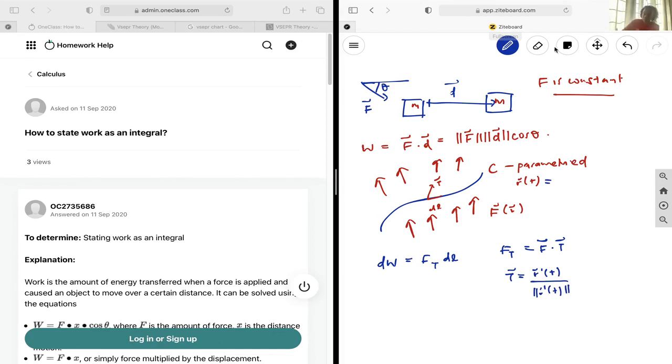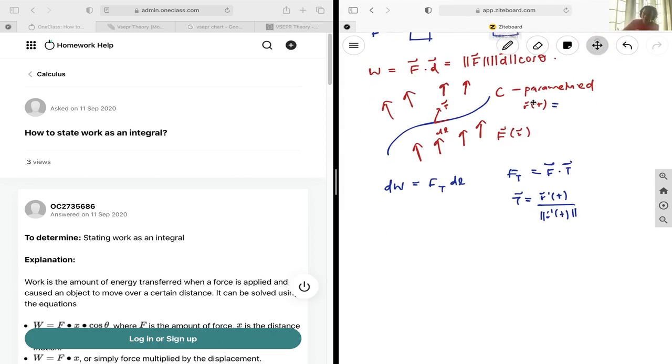Okay, and so now when we want to find the work, it is going to be equal to the integral of dW, since it's a very small piece of the entire path. That would mean the integral of F_t dl, which would be the integral of F dot T, but we're going to write in T as this.